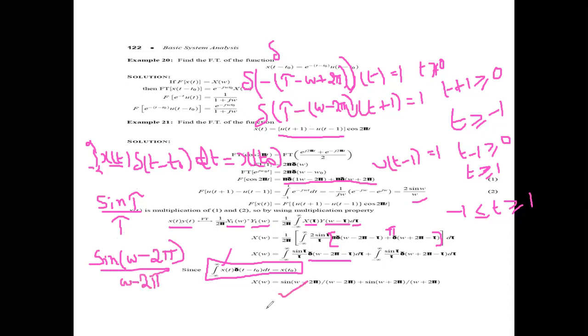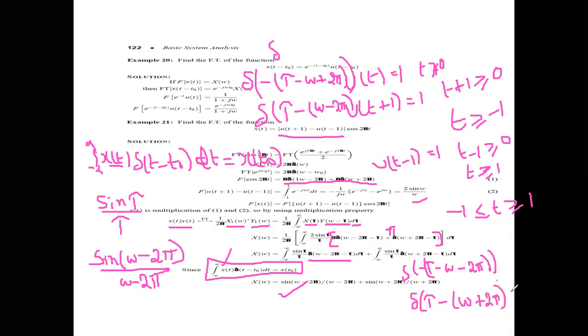That is the first term. For the second term, we can observe that delta, take the common minus tau, or minus tau minus omega minus 2 pi. Okay. Since it is an even function, it becomes tau minus of omega plus 2 pi.